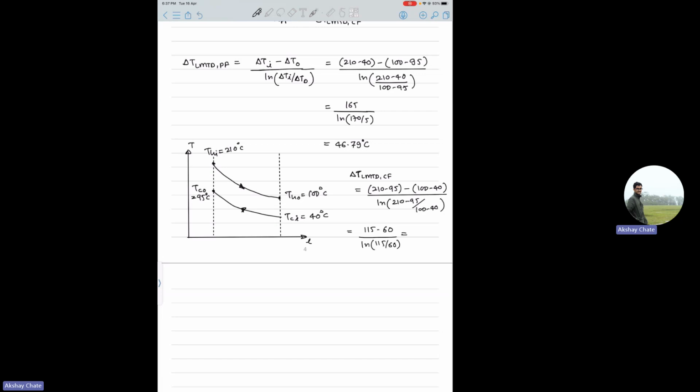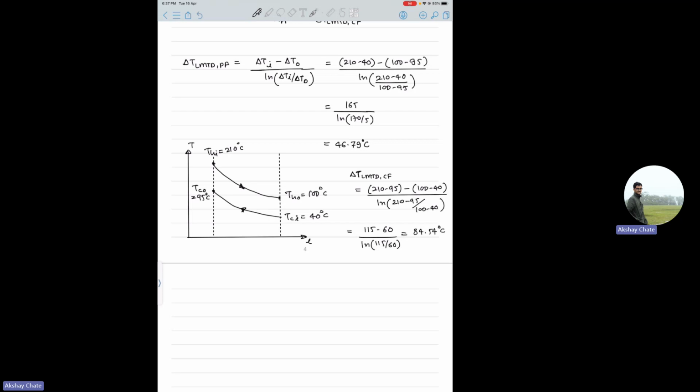115 minus 60 will be 55, and then you have to divide it by ln 115 by 60. So that gives you 84.54 degrees Celsius.